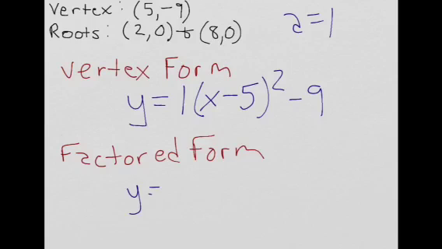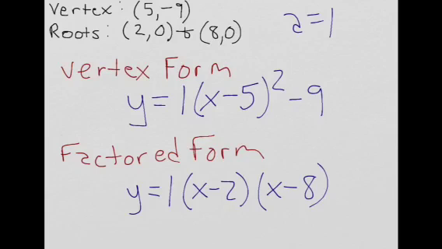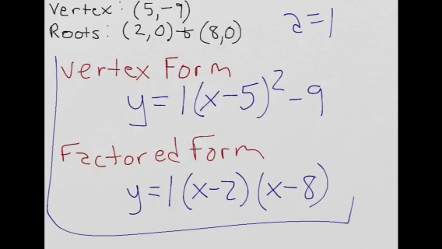We've got y equals a value of 1, x minus 2 times x minus 8. So now we have the factored form and vertex forms. Last thing that we want to do for this is graph it. So we've got 2, 0, 8, 0, and we have 5, negative 9, and draw our parabola again.